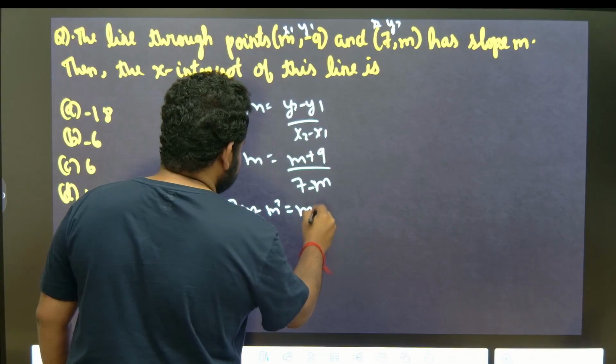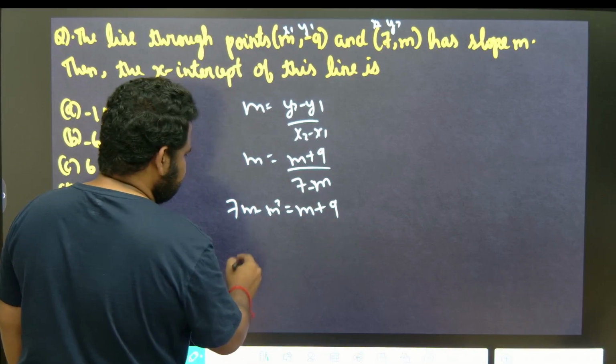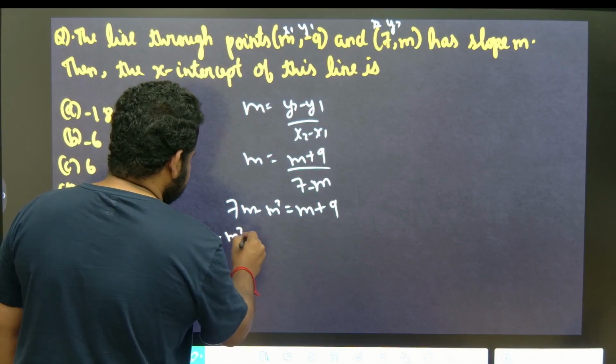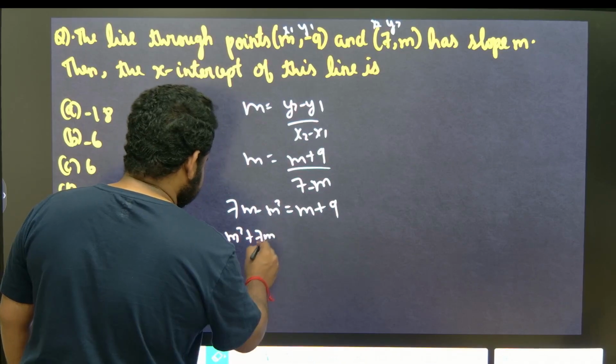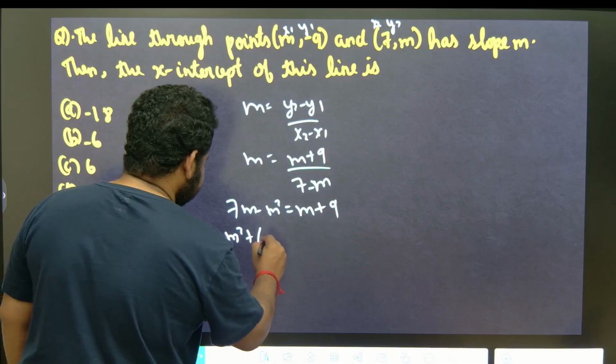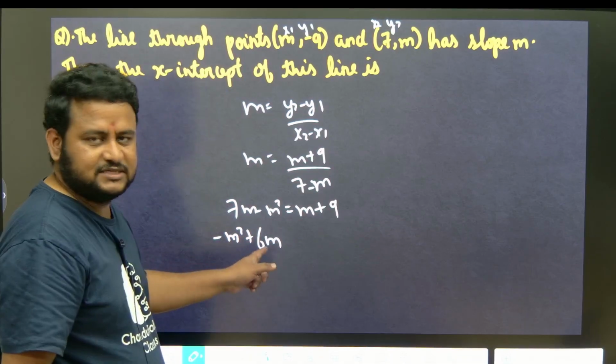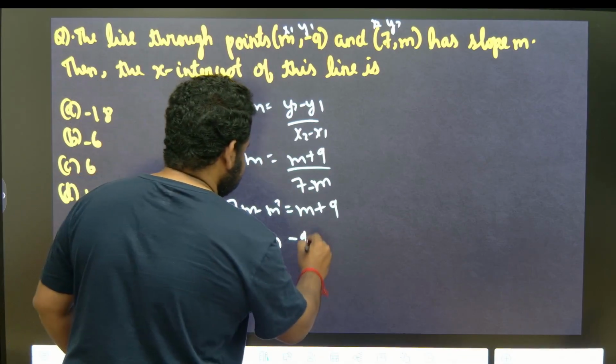Now if I cross multiply, I will get 7m minus m square is equal to m plus 9. If I bring this side, I will get minus m square plus 7m minus m, which becomes minus m square plus 6m, minus 9 is equal to 0.